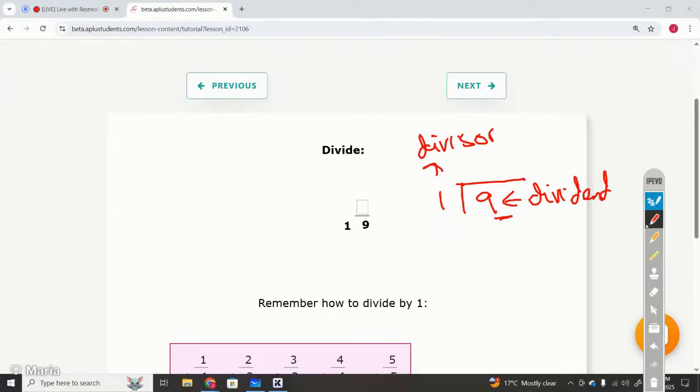Dividend means the number you are going to divide by the 1, right? So you need to count a table of 1 until 9. You need to remember the multiplication tables also. As I just said, they are opposite to each other. So 1 times 9 is 9. So 9 take away 9 is 0. So the correct option is 9.